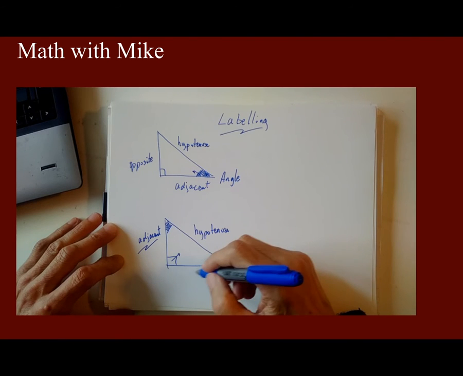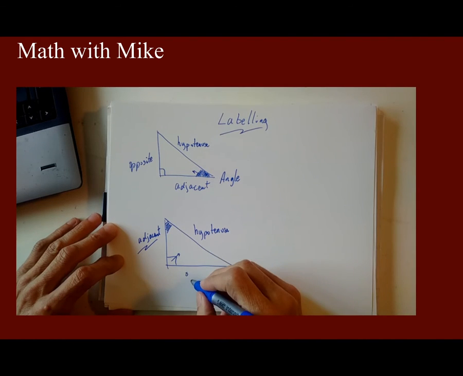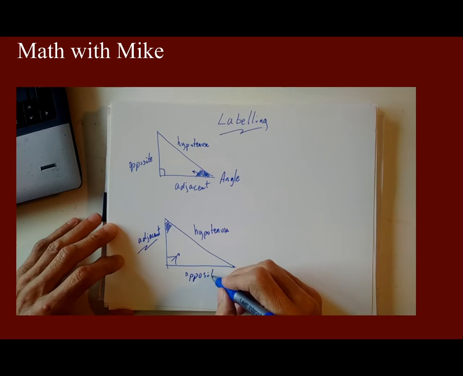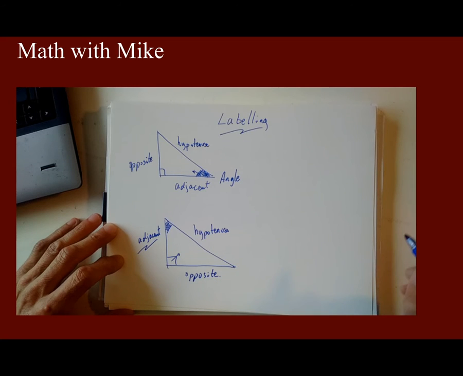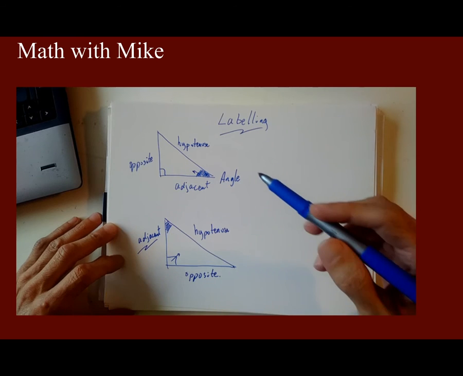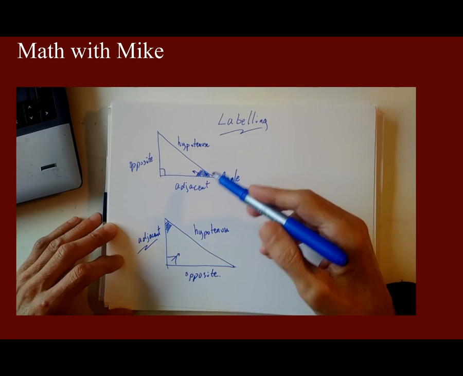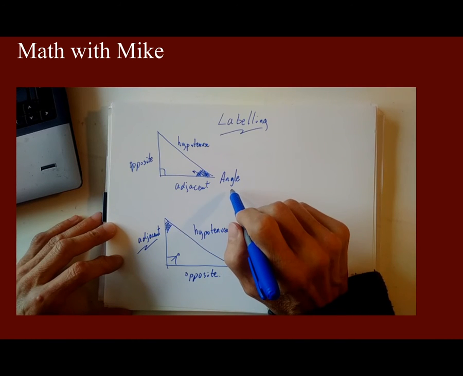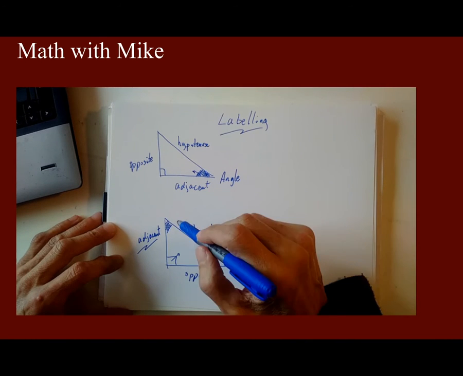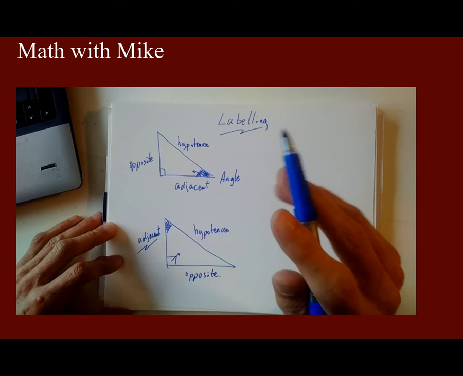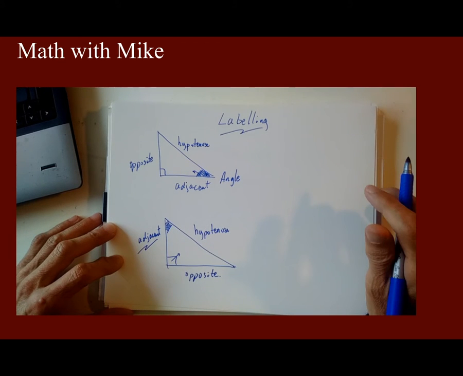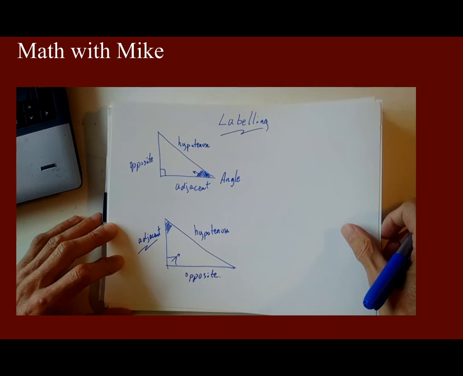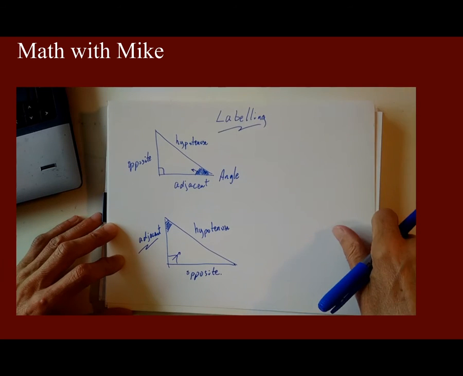What remains is the opposite side. Alright, so if you're faced with triangles to work with, be very careful with the angle we are working with and then labeling the sides. This is really one step closer to helping you be very successful in this trigonometry section.